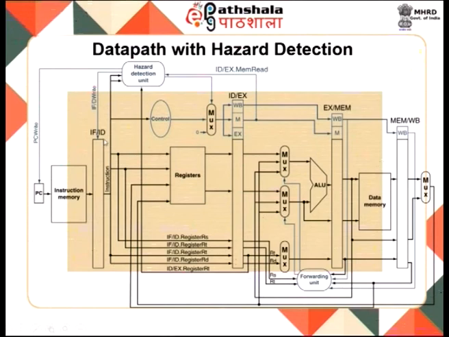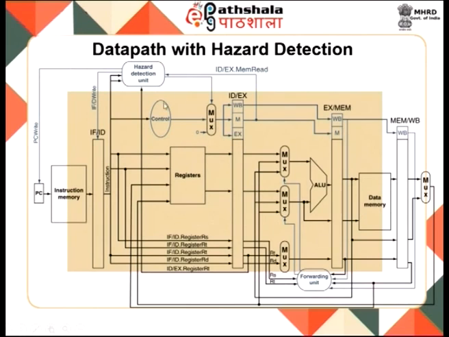So, this is the data path with your hazard detection. Along with the forwarding path which we have already seen, you also have a hazard detection unit that has been brought in. The hazard detection unit will take in information from the destination register of these buffers and the source registers of the ID stage.